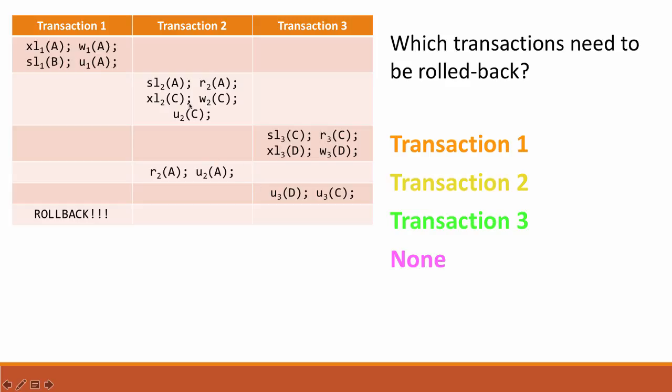And so what transactions here need to be rolled back? Basically everything that was ever touched: anything that transaction 1 wrote to, any transaction that could have seen the writes that transaction 1 did.